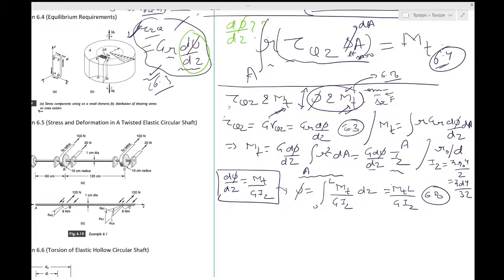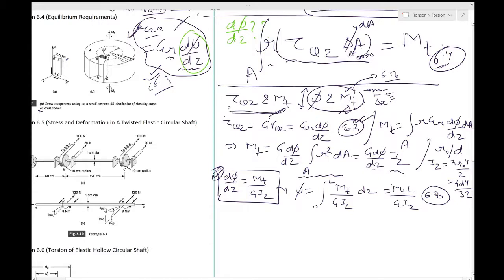Now the next part is about trying to find the relationship between tau theta z and Mt. So all we have to do is substitute this into this 6.3.